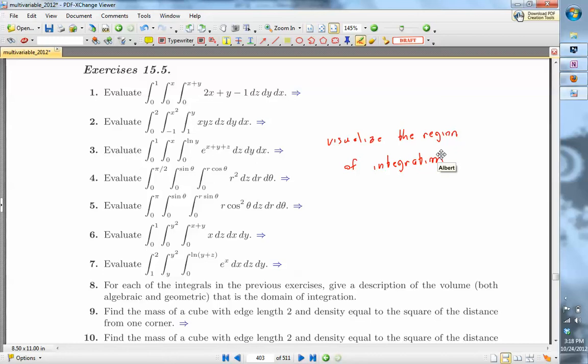We're integrating dz, dy, dx. So that tells me that z is going from 1 to y. Interpret that for me. Great. Would it be like a plane that's going along, kind of going up along the axis?